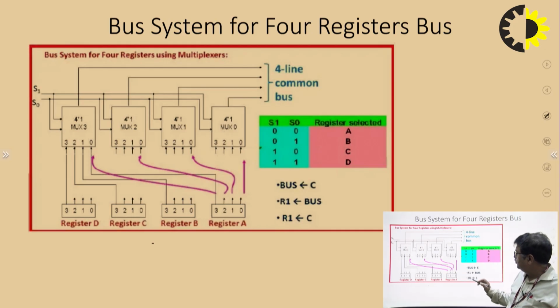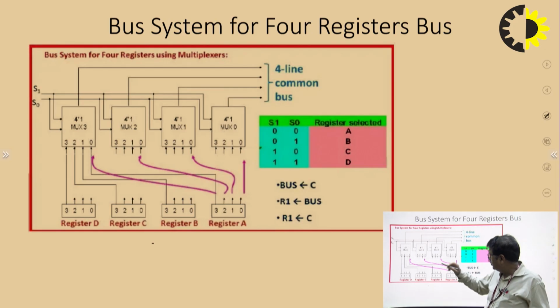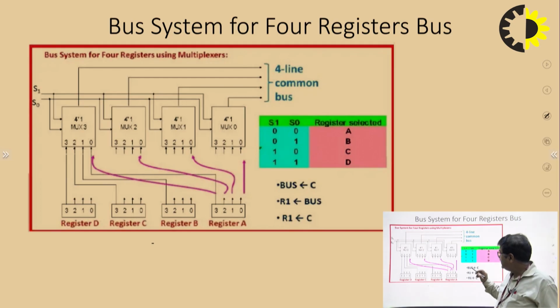We have denoted these 4 lines here, and if we connected all the lines, the circuit would be more complex. For simplicity, we show this diagram using 4 lines.